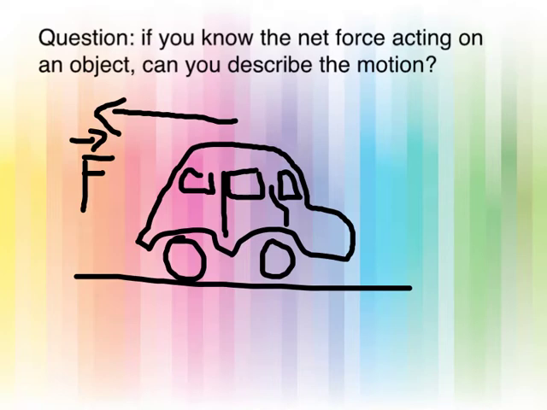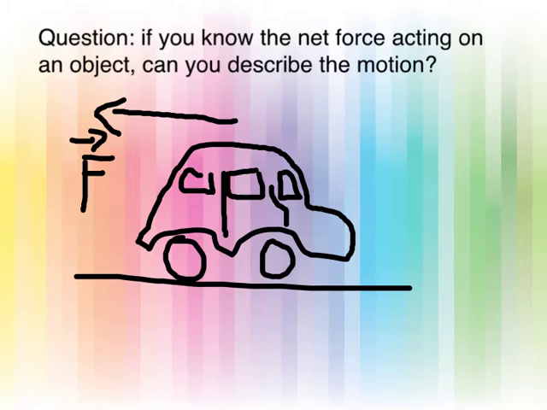No, I can't actually, because even though this force is directed so that the car should be changing its motion sort of to the back in this way, I don't know if the car was moving forwards or stopped or moving backwards when this force started acting.